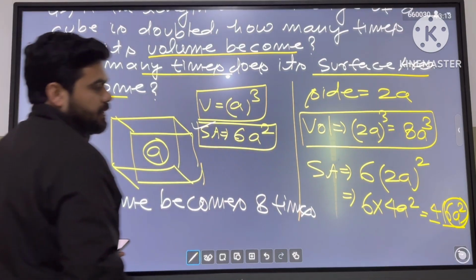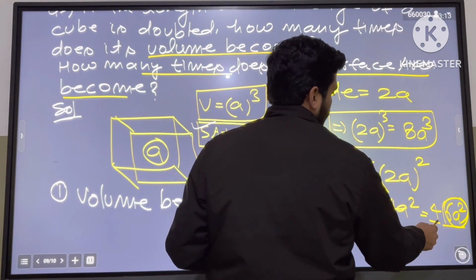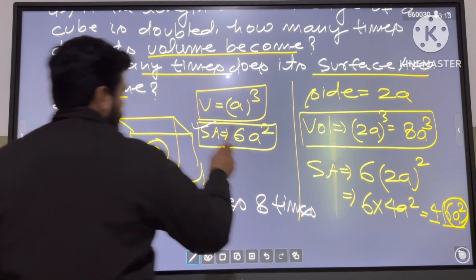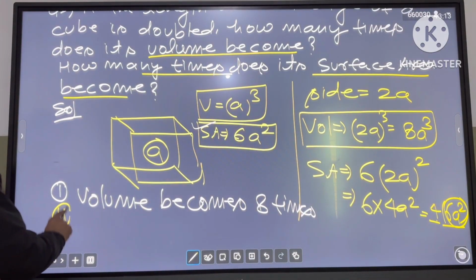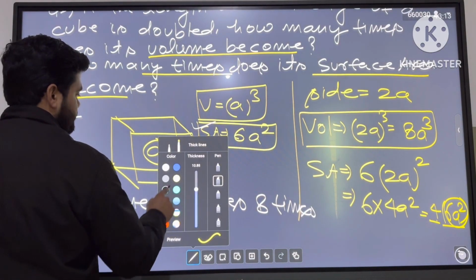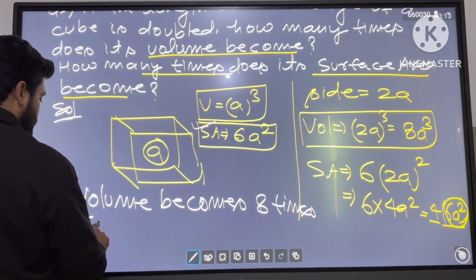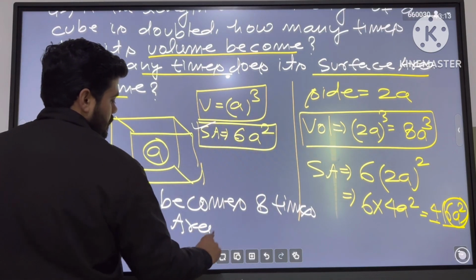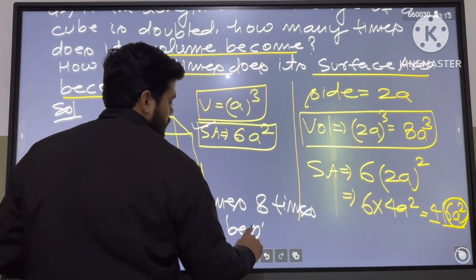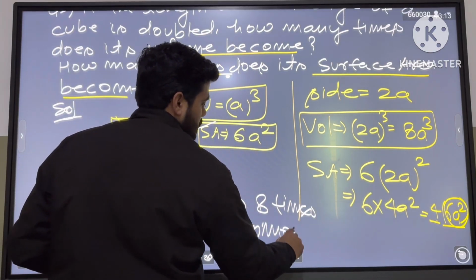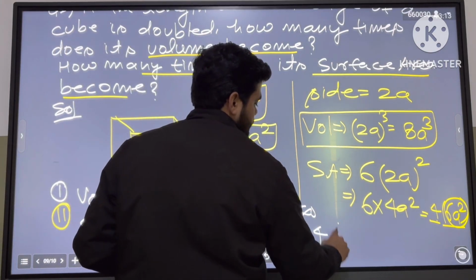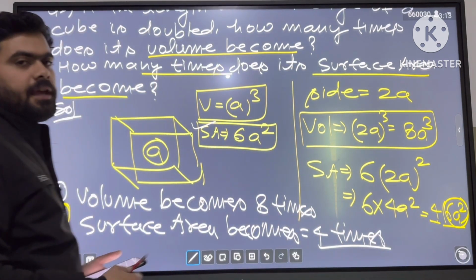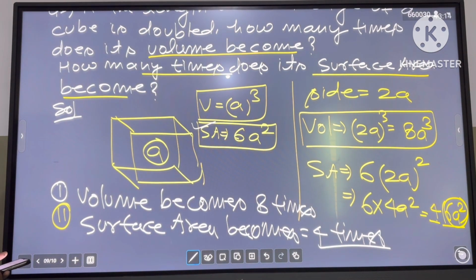So dear friends, we can see the surface area becomes 4 times the old one. तो ये आपका 4 टाइम चेंज हो जाएगा, ठीक है.